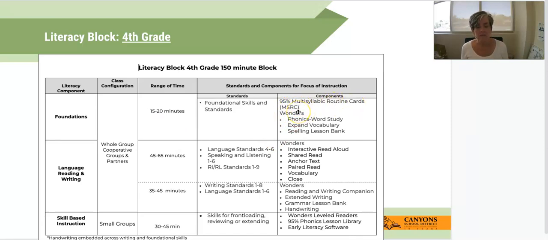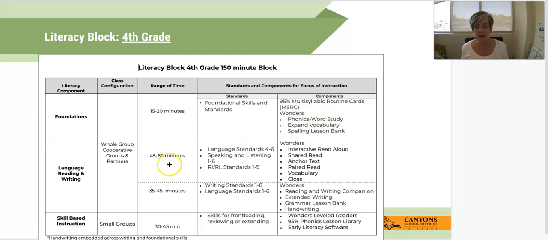These are routines and ways of decoding large multisyllabic words that you will give kids. They're tools for them, and then they'll be using that within their Wonders phonics and word study, any expanded vocabulary, and the spelling lessons that you'll be doing with students. So this is a tool to use with Wonders components.